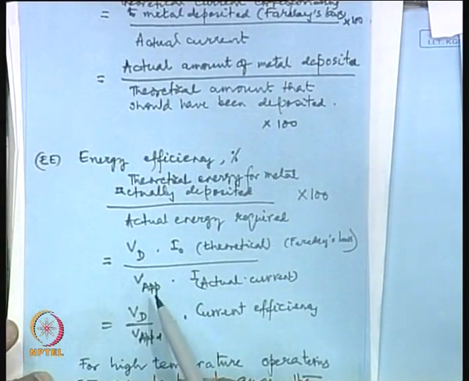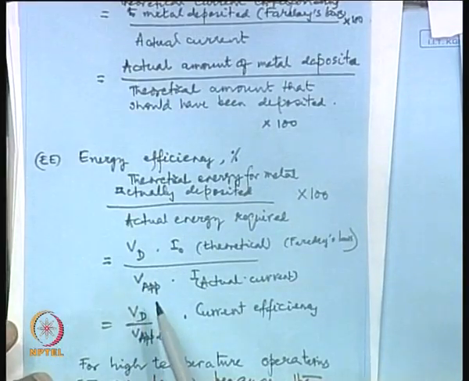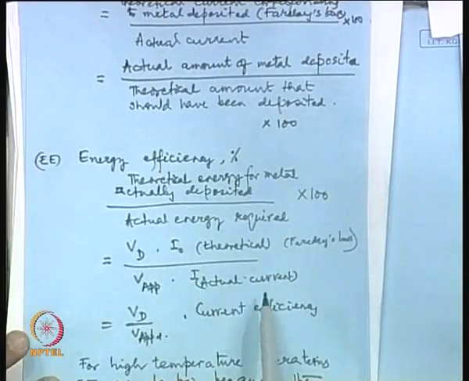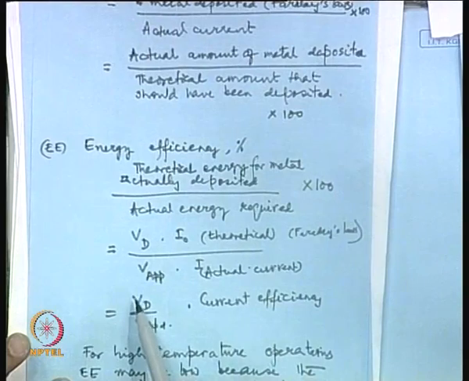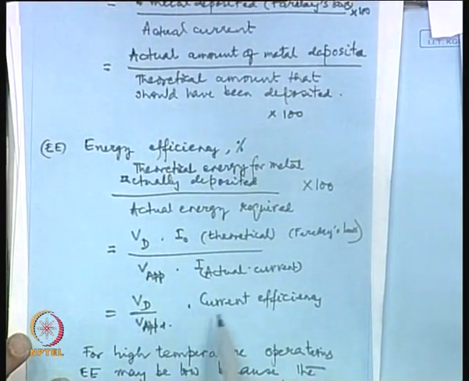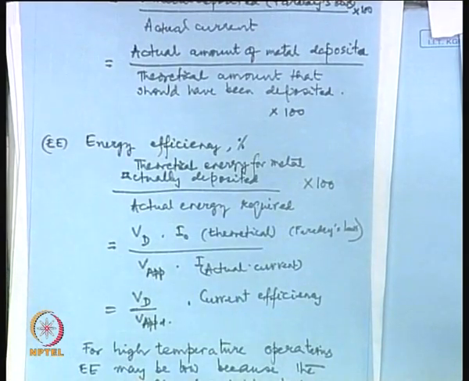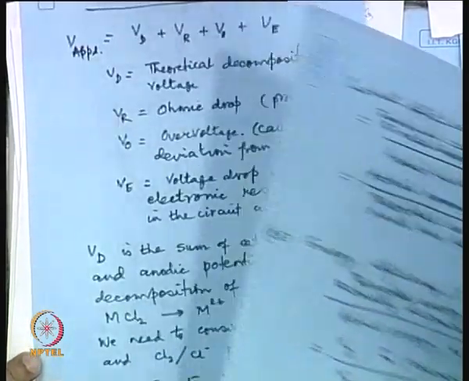The decomposition happens because of a theoretical value, but with that value we cannot operate an actual cell. We have to apply higher voltages, because voltage drops take place because of various factors. This I will discuss just now. So, we multiply by I actual. So, the expression is theoretical decomposition voltage divided by the actual voltage, into current efficiency. This is the expression for energy efficiency.